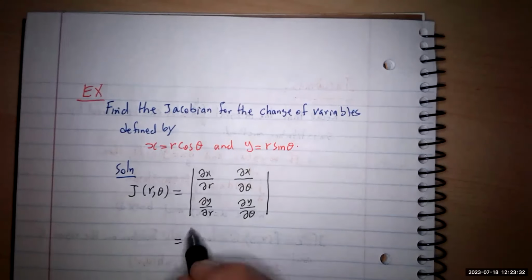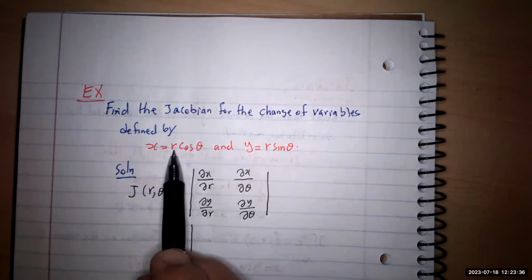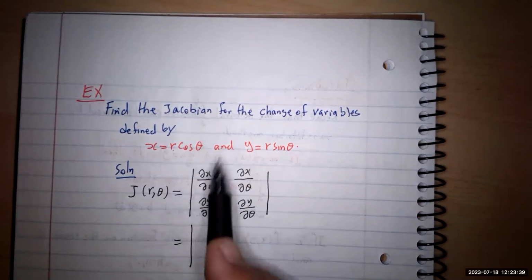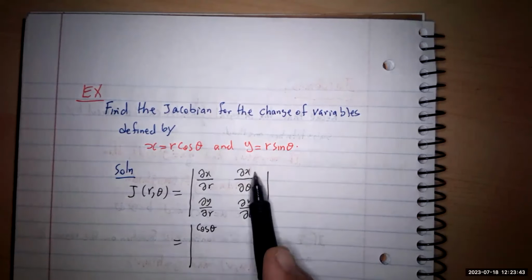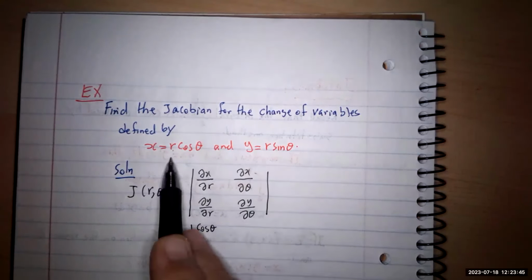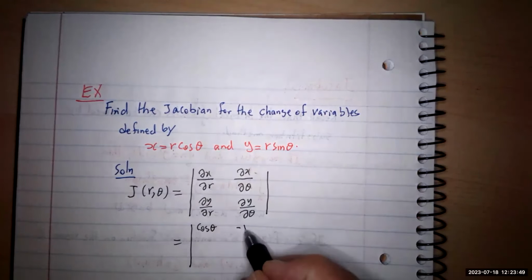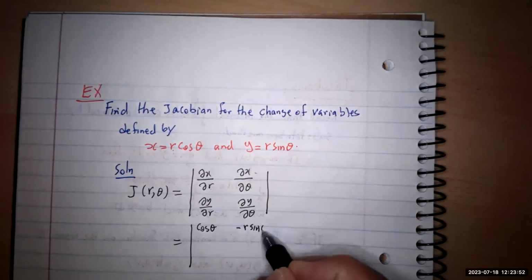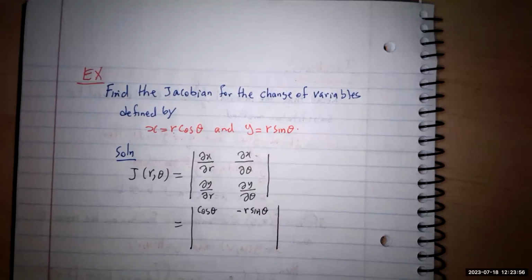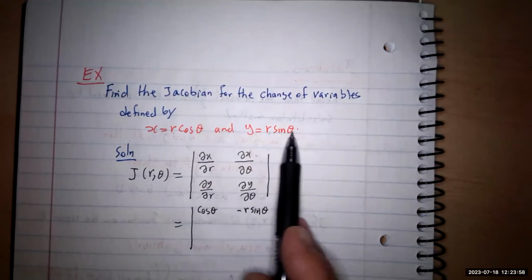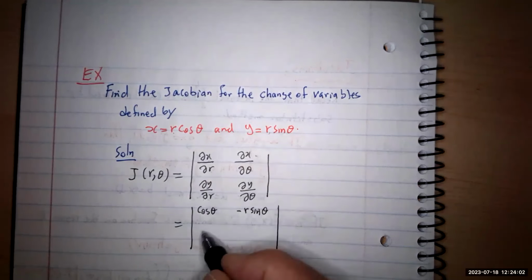So differentiate: the derivative with respect to r gives just cosine theta. The derivative with respect to theta would be negative r sine theta. Remember, the first row is both x, and the second is y. With respect to r would be just sine theta.